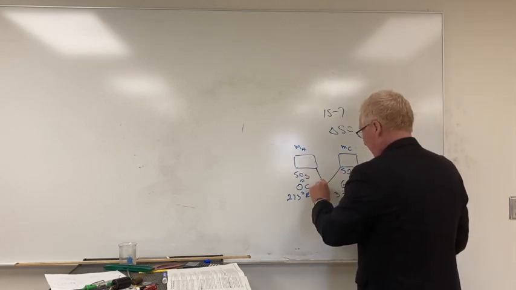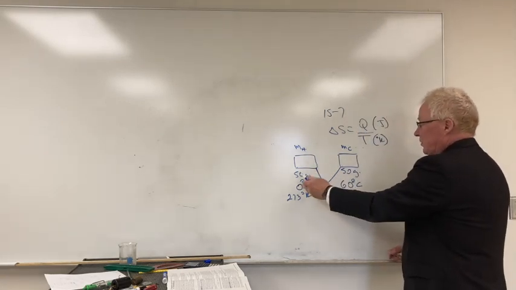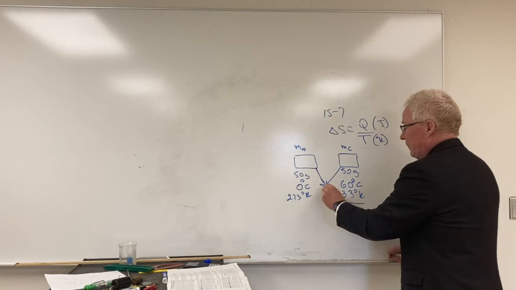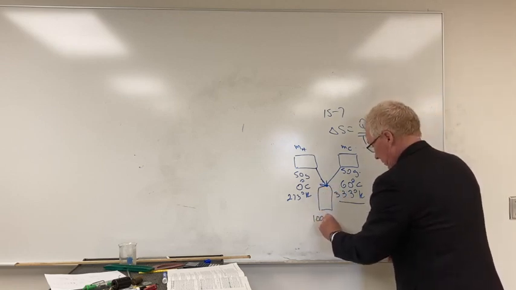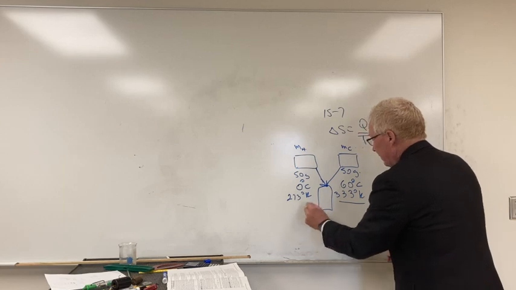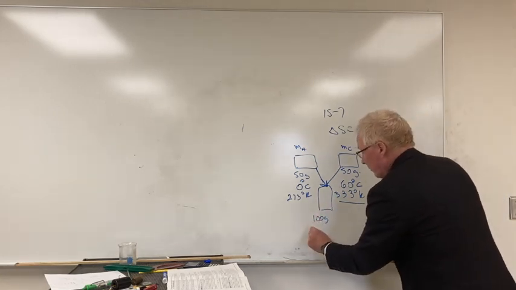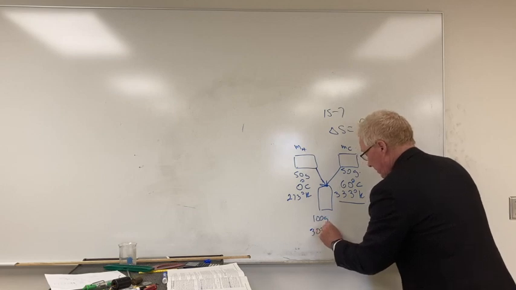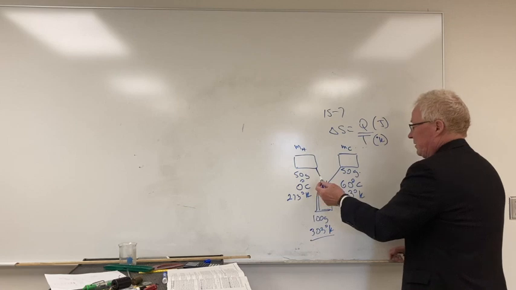All right, you can calculate it, but since we have equal masses, the temperature is going to be right in the middle. So we end up with 100 grams at the average of the two, which would be 303 degrees Kelvin. So we end up with 100 grams of water that's mixed together.